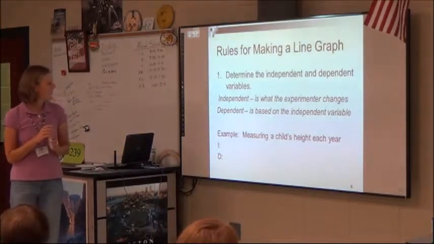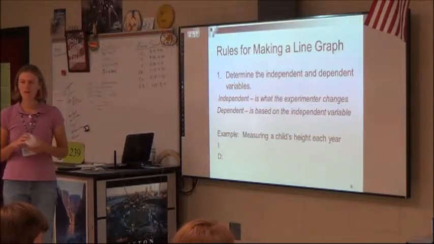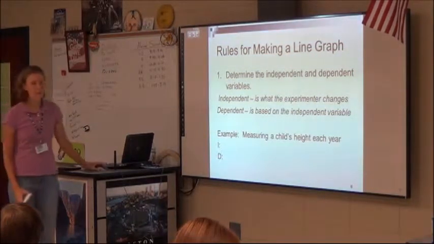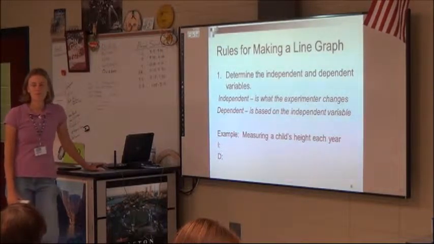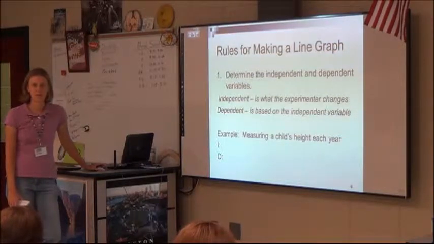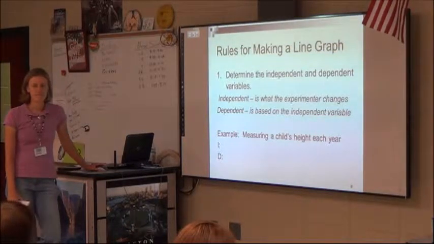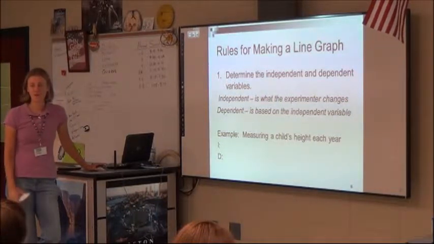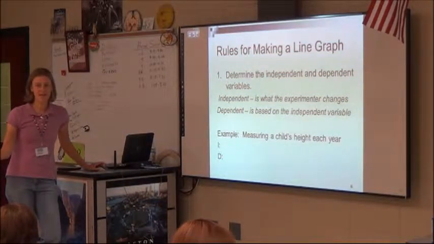Amanda, what is the independent variable there? What is it that you are changing on purpose, sort of, that you are deciding to do? Is it the height? No. Do you, the experimenter, affect the kid's height?